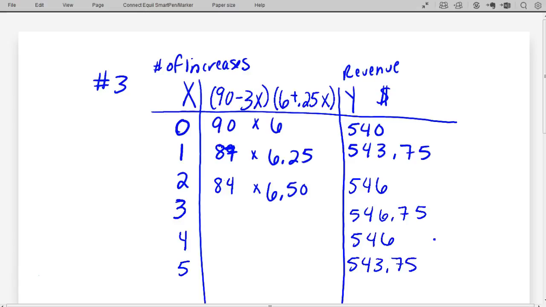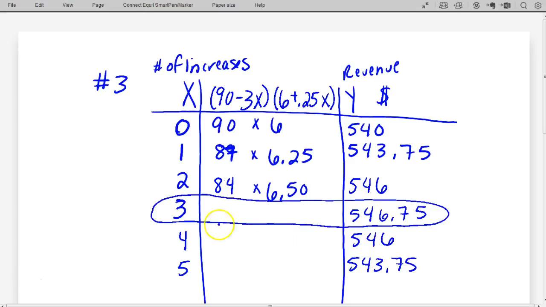You can either put that back into your y equals and find the maximum there, or I think we found it right here in the table. If we raise the price 3 times, our maximum is going to be 546.75, but double check that with the calculator. The other question on there is, how much would the lunch cost in order to maximize our revenue?